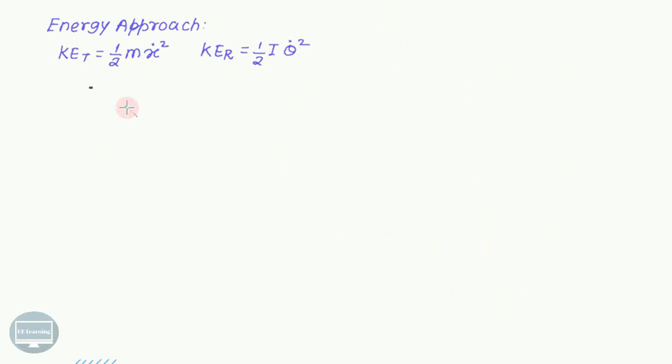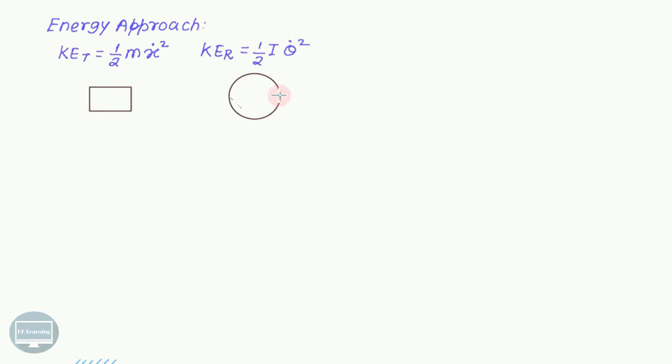So we have a mass here. This mass possesses kinetic energy of translation. If we have a solid disk or thin disk, then it will possess kinetic energy of rotation. So whenever you find a disk rotating, it has kinetic energy of rotation. When you find a mass, we have kinetic energy of translation.